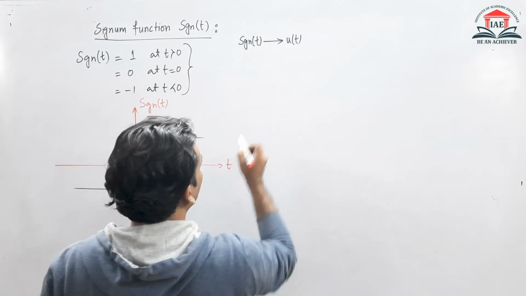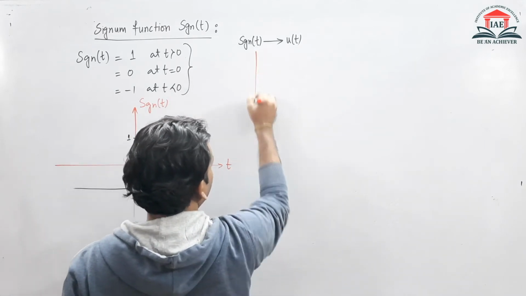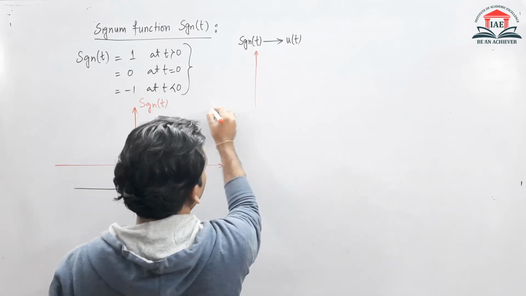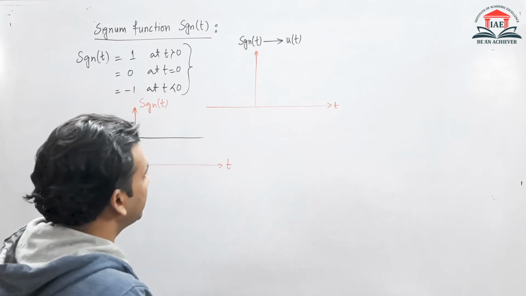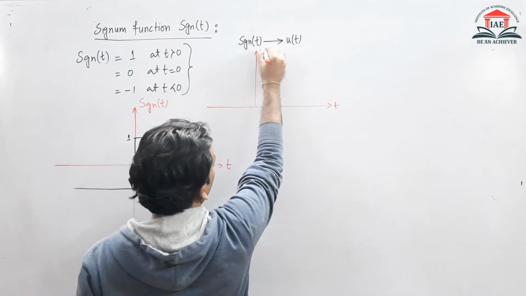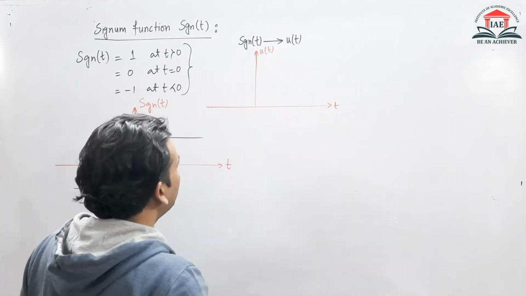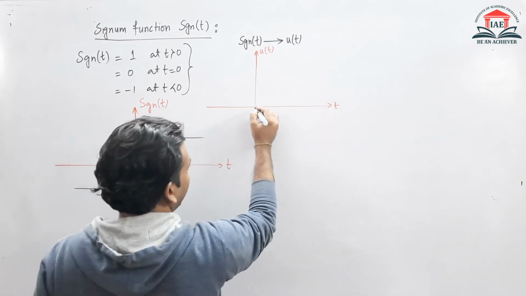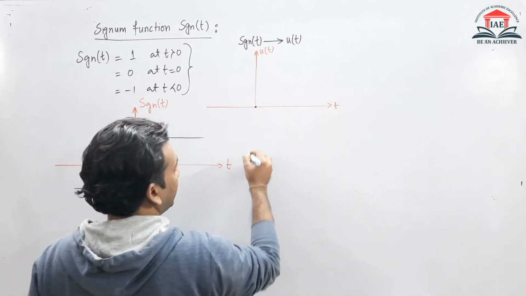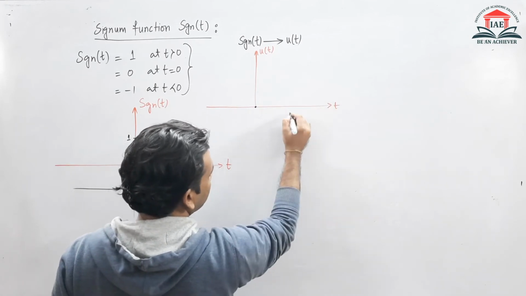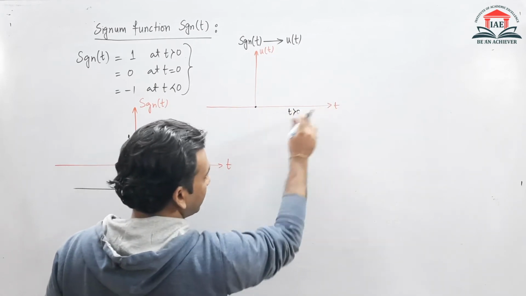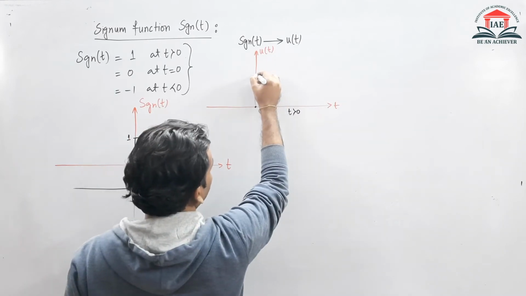If we want to draw u of t, let us draw it first. This is the time axis. As you know, the u of t value at t equals 0 is undefined, and for t greater than or equal to 0, meaning for the positive axis of the time, the u of t value is 1.